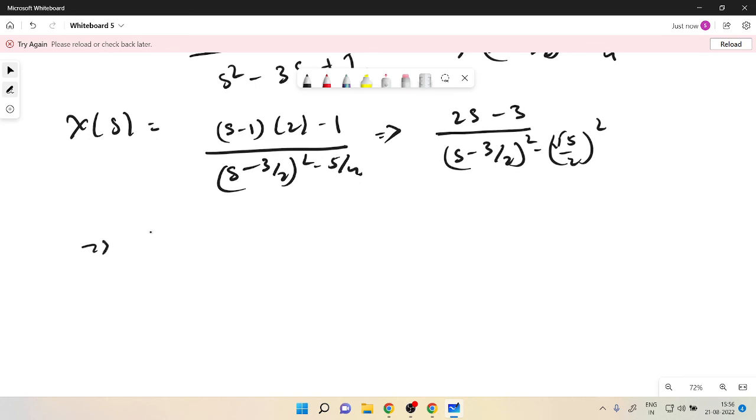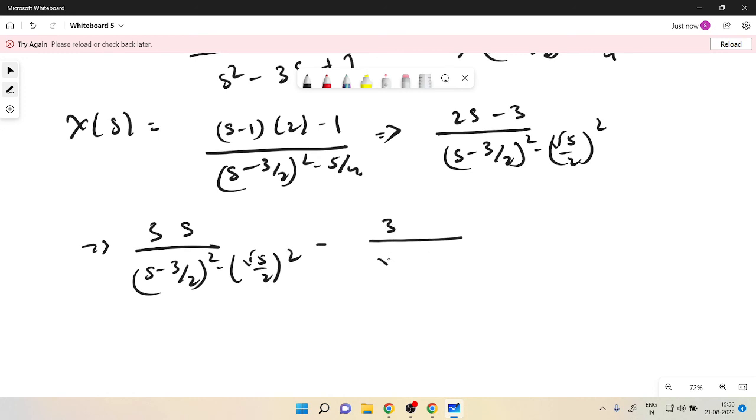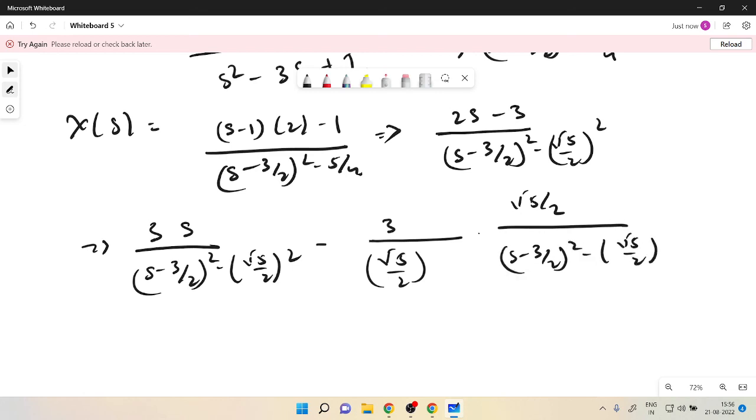This is nothing but 3 times s by s minus 3 by 2 whole square minus root 5 by 2 whole square, minus 3 divided by root 5 by 2 into root 5 by 2 by s minus 3 by 2 whole square minus root 5 by 2 whole square.